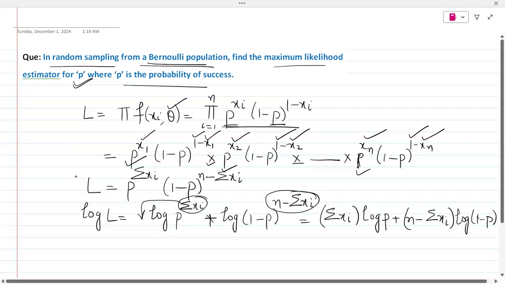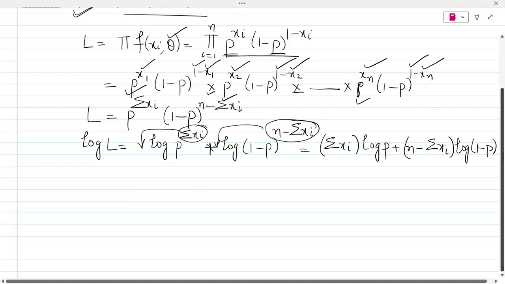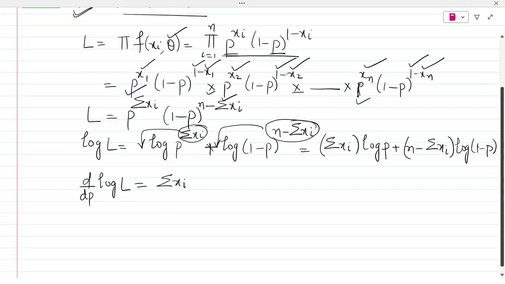So this term is here. Now d by dp of log L is summation xi into 1 by p, plus n minus summation xi into 1 by (1 minus p), but into minus 1 also, the derivative of 1 minus p with respect to p.